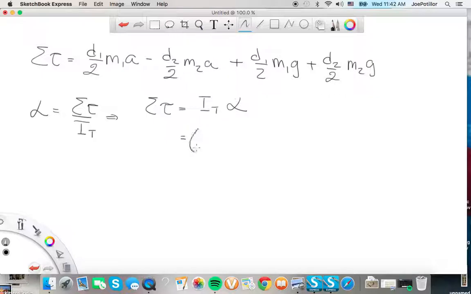The total moment of inertia will be 1/2 m1 (d1 over 2) squared, because r is not given, plus 1/2 m2 (d2 over 2) squared, once again because r is not given, times alpha.